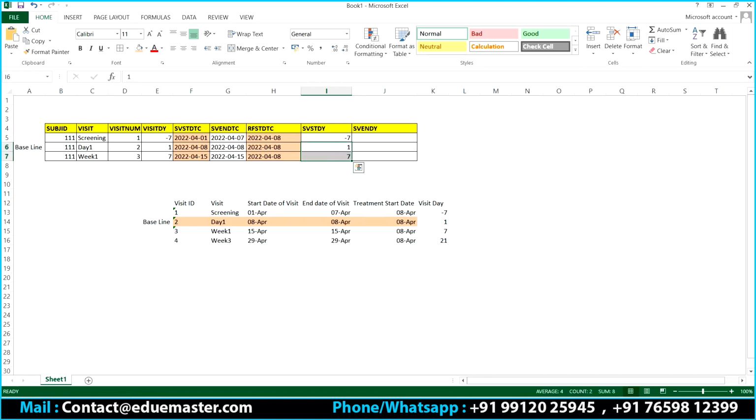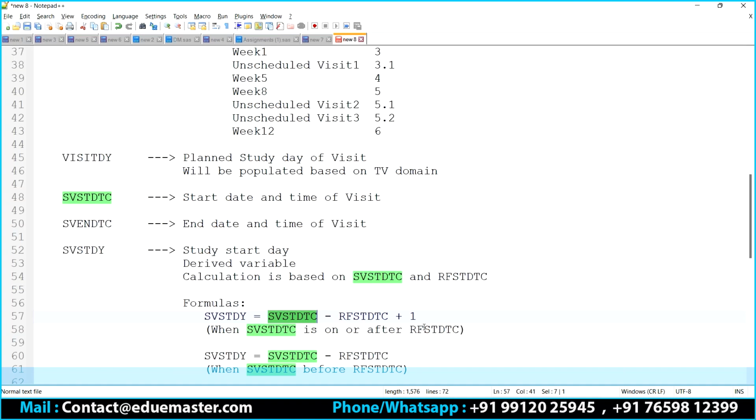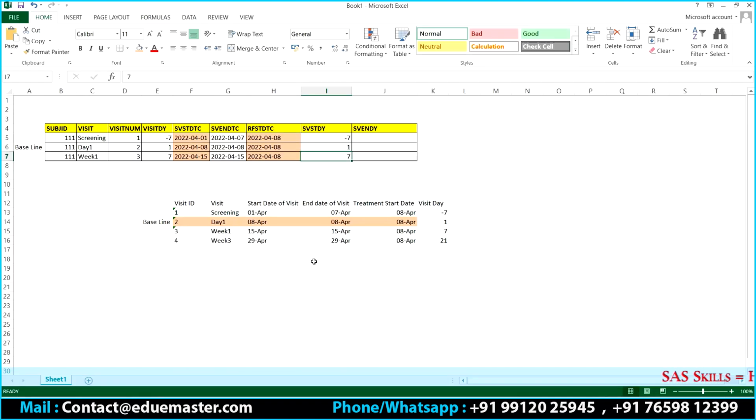Correct? Sorry, the next one. If it is on or after, I have to add 1 also, correct? That should be 8, right? Correct, correct. Okay. Now this is also clear.